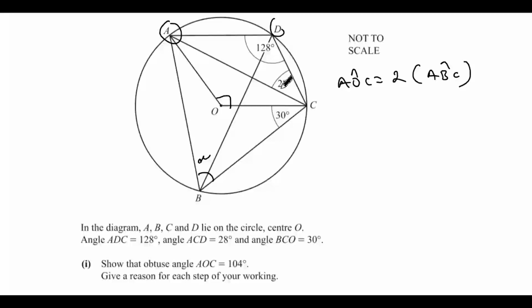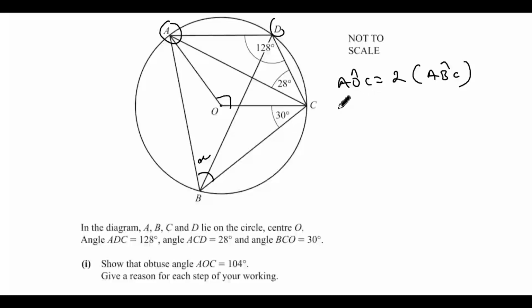They are both angles in the same segment. So angle ABD, that is this angle from here to B, then back to D, is in the same segment as this angle ACD. They both come from the arc AD. That is how you can easily identify angles in the same segment.